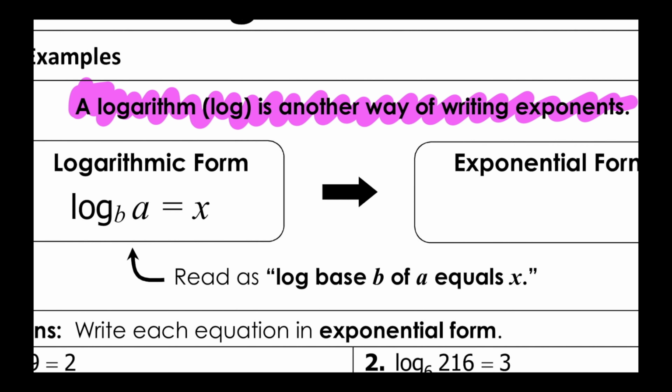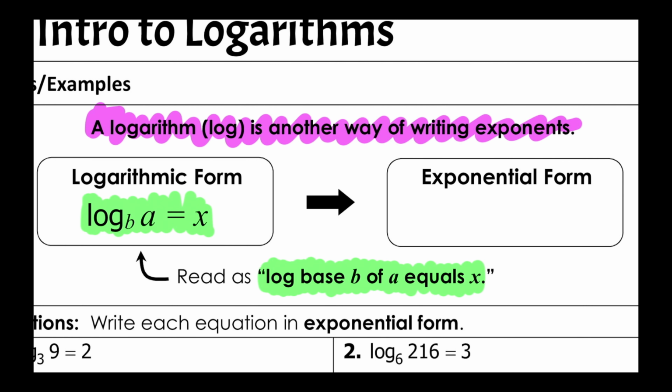The way you read that is log base b of a equals x. Since we're saying log base b, if we're going to write it in exponential form, we have a base of b, raised to the x power because that's the exponent.